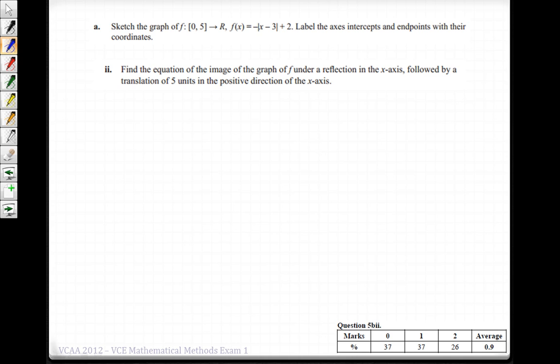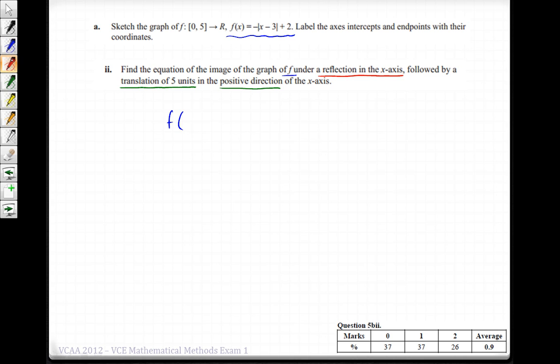Okay, so part 2 actually asks us to use this f equation here. So we're going to be asked to find the equation of the graph of f under reflection firstly in the x-axis, followed by a translation of 5 units in the positive direction of the x-axis. So again, let's just start from our function f.